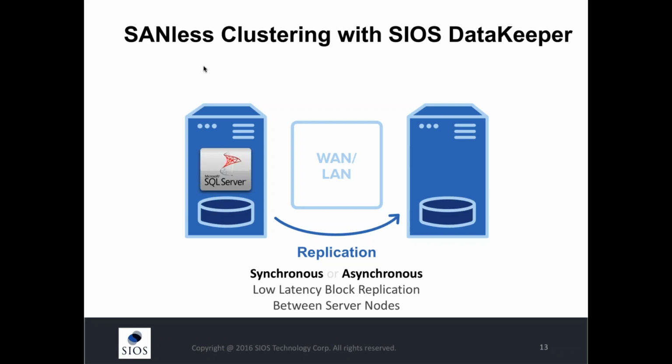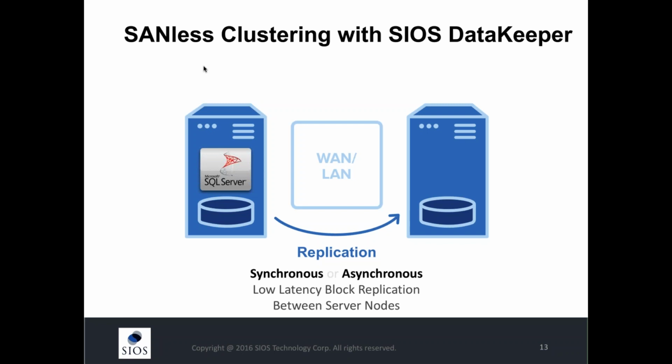If you're doing the geo cluster, where perhaps you have one instance on the west coast, another instance on the east coast, you're more likely going to go with asynchronous replication in that type of situation. So DataKeeper supports both, and you can select the mode of replication that makes the most sense for your business based on your recovery point objectives. If your business can't sustain data loss or not, you have to make that decision, and you can select the appropriate mode of replication based on that.